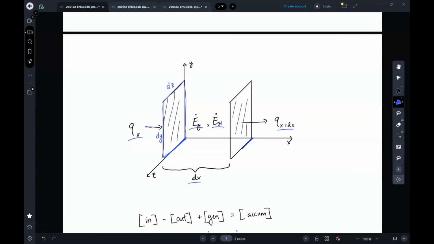If I look at the value here, let's say it's 10, doesn't really matter what it is. If it decreases at some rate, the value on the other side is going to be 10 minus how much it decreased. If we're decreasing at, say, 1 per unit length, and dx is 2 units of length, we would decrease from 10 down to 9 in the middle, down to 8 once we get to the right-hand side. And then our value at the right-hand side would be 8.